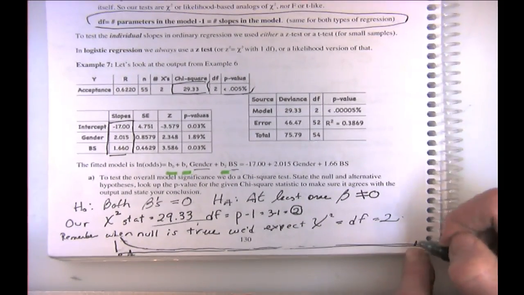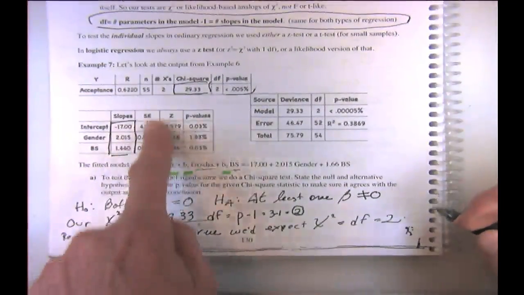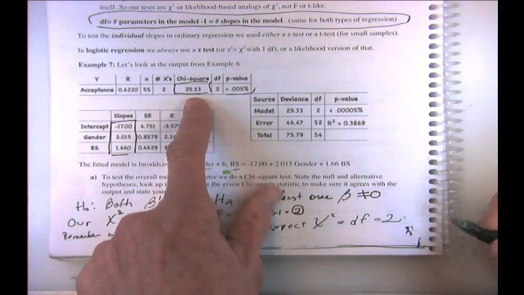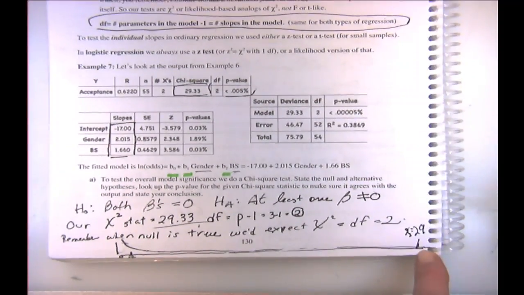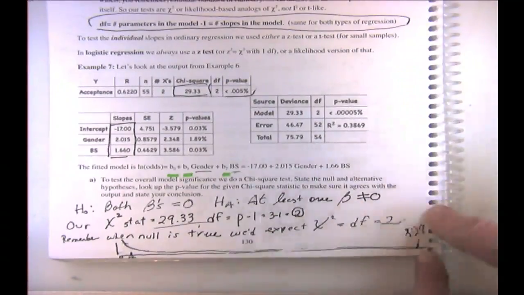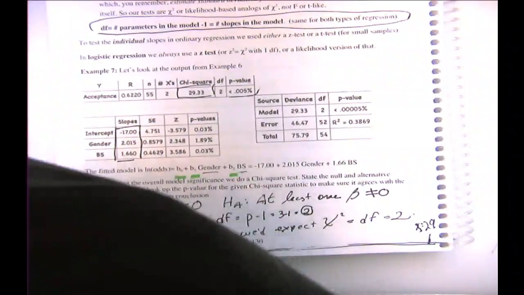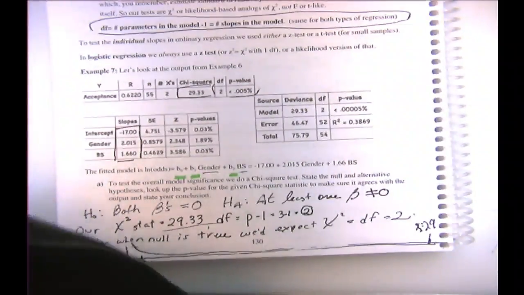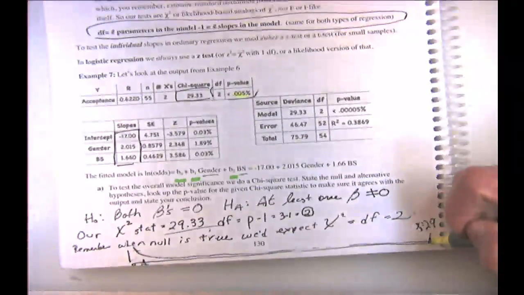So our chi-square statistic is what? We got a chi-square here of, what is it here? 29? 29, that's huge, 29.33. And this p-value that's given here, this tiny little p-value is that little dot.